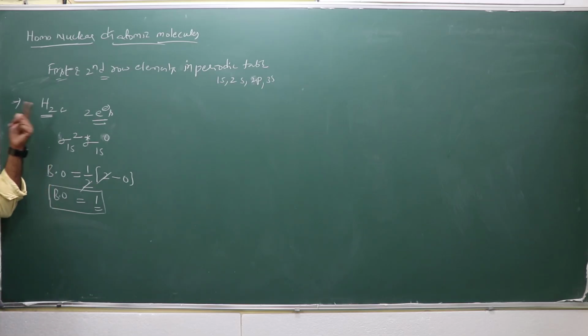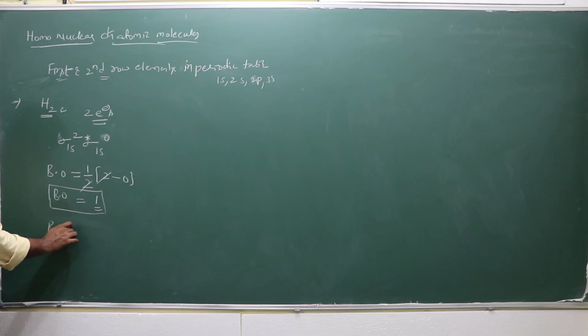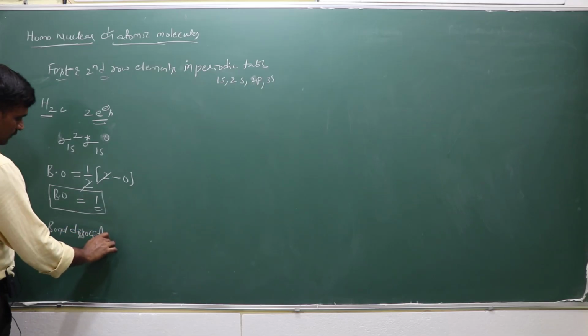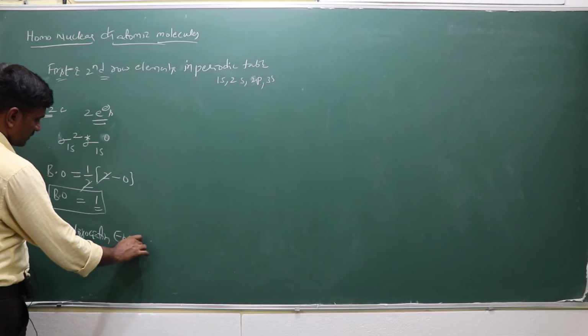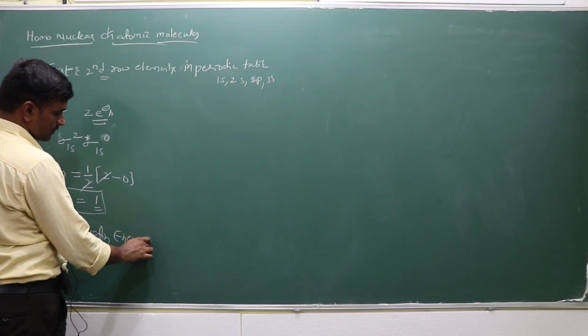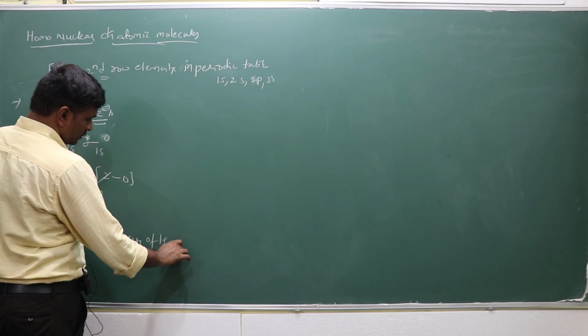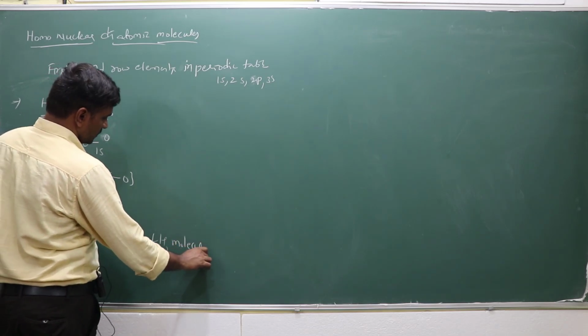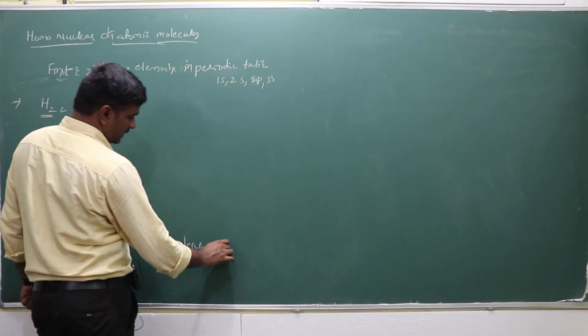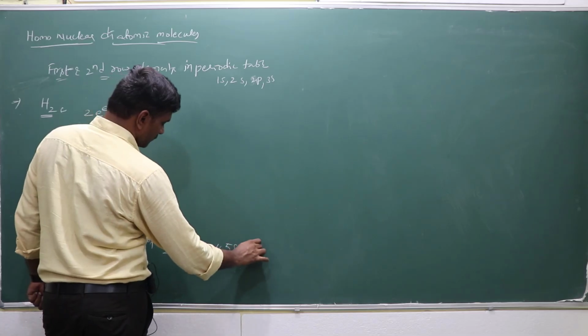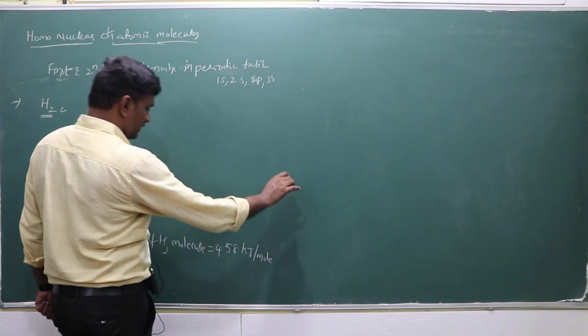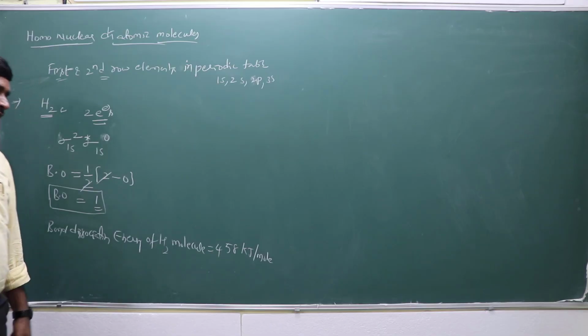Now another one more. The bond dissociation energy of the H2 molecule is 458 kilojoule per mole, or kilojoule mole inverse.